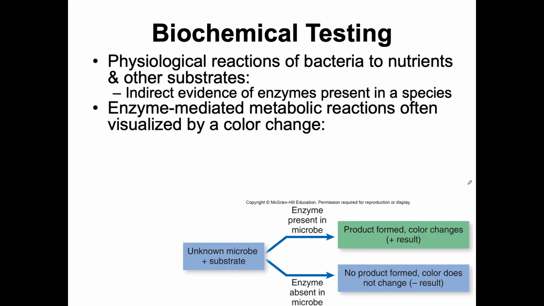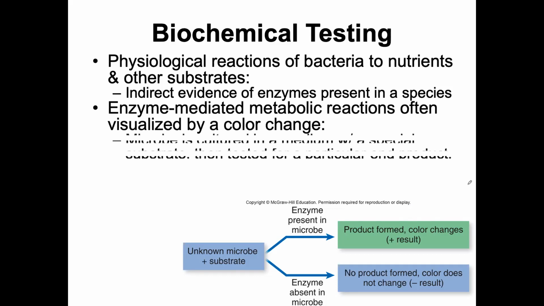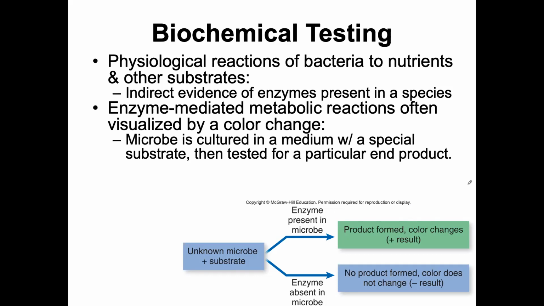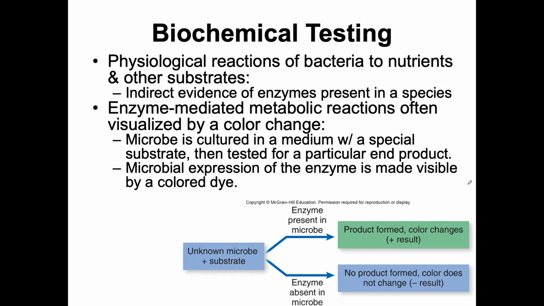And so we look for things like enzymes by checking to see whether the products of those chemical reactions are there, all right? So they can be tricked into producing a color change using certain special dyes, right? You culture the microbe in a media with this special dye in it, and then you see if the dye indicates that that product is there, okay?